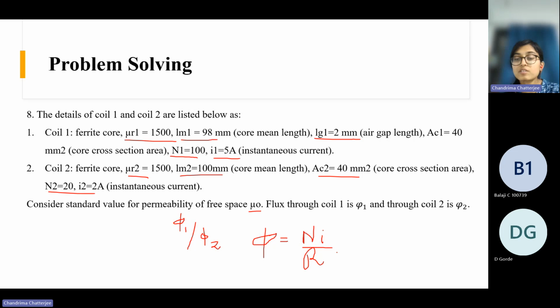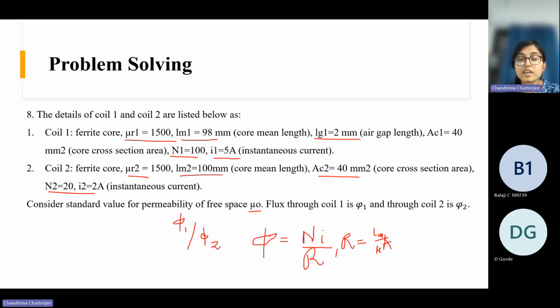Reluctance you can find from the core geometry. Reluctance is Lm by mu A. From here you can find the reluctance and then you can find phi.